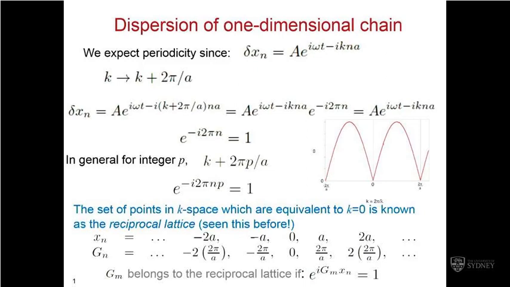If we have in real space just this one-dimensional lattice, atoms at a, 2a, −2a, then we'll have reciprocal lattice vectors correspondingly at −2πn/a and 2πn/a, and so on. So that's just formalizing and proving that we have this periodicity.